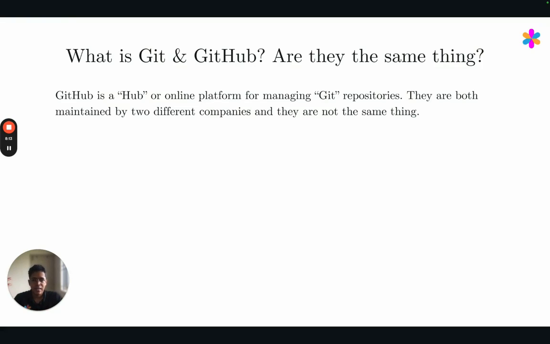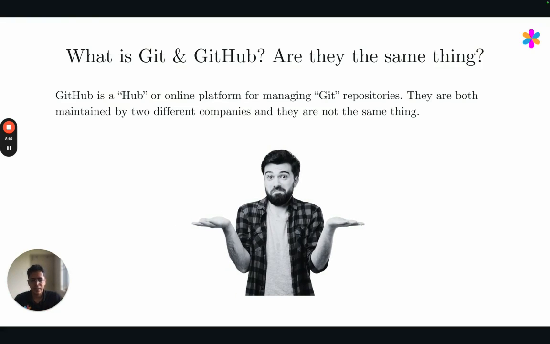And they are maintained by 2 different companies. Git is maintained by the Linux Foundation. GitHub is currently owned by Microsoft. But it's just the way it is that the name has Git in both of them, which is maybe the reason why many people get confused. So if you are one of them, this might be the moment where you can make it very clear once and for all.